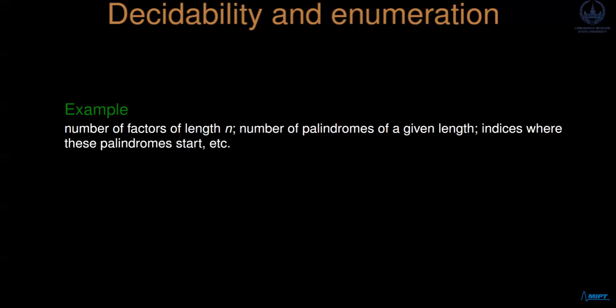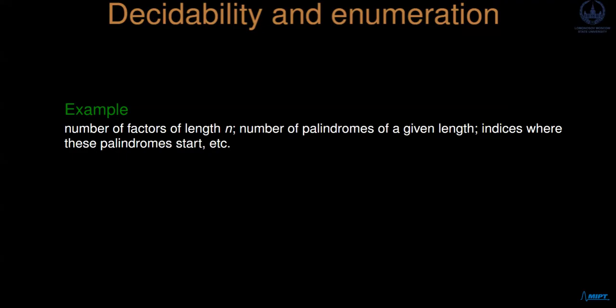The number of factors of length n: given a K-automatic sequence, we can compute how many distinct factors of length n exist in this sequence. The number of palindromes of a given length: another decidable property is how many palindromes, words that read the same forward and backward, of a specified length occur in the sequence.